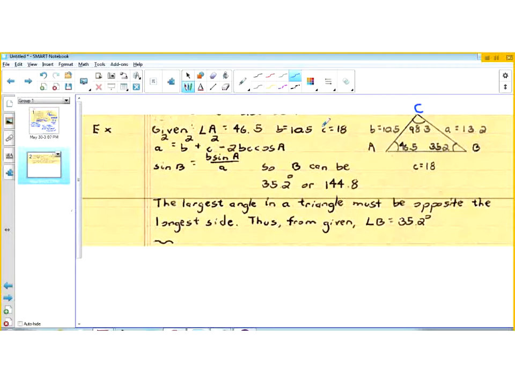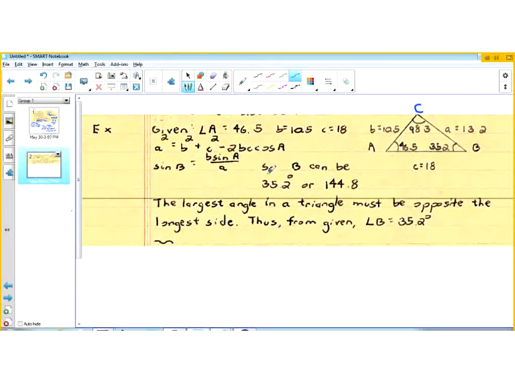Okay, so how do we know that B is 35.2 degrees? The sine of B is B times the sine of A over A. So we have a case of the law of sines here, where the measure of angle B could be 35.2 degrees or 144.8 degrees.